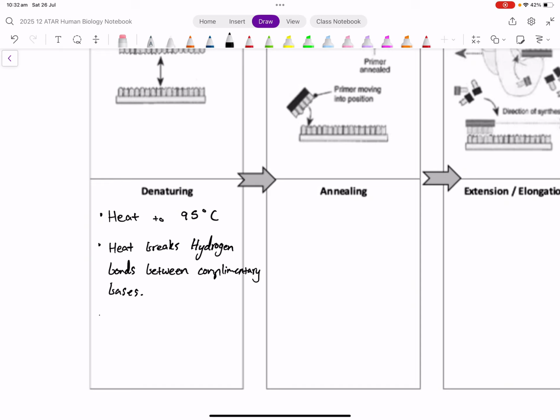Now, what happens here as a consequence is that this causes those strands to denature or to separate. And as a consequence, by the end of the denaturation process, we form two strands. We form two single strands, more specifically.